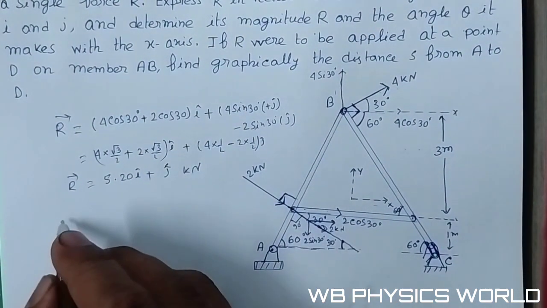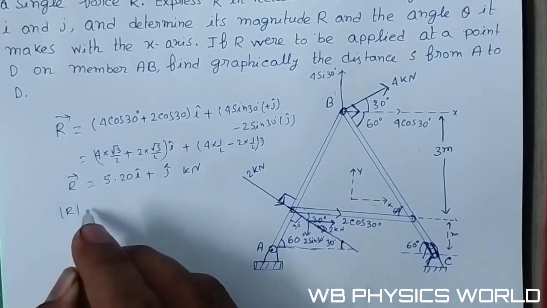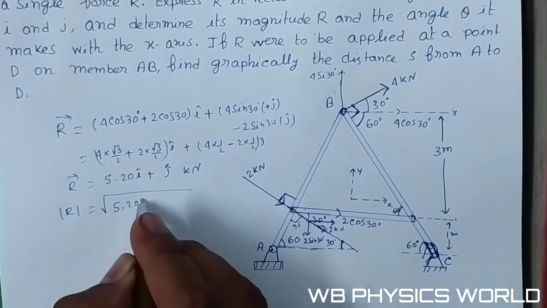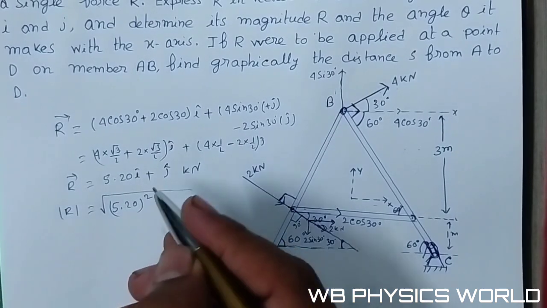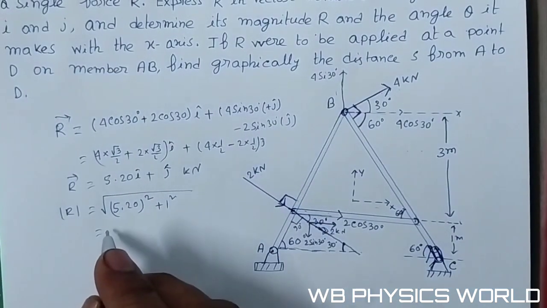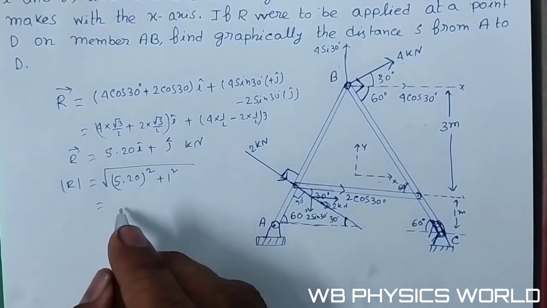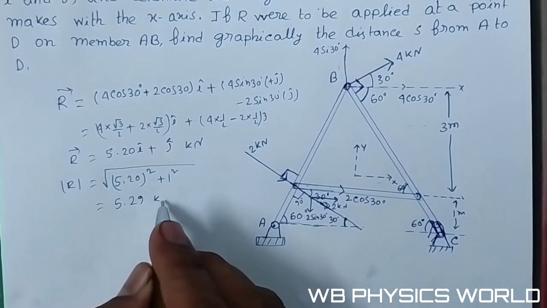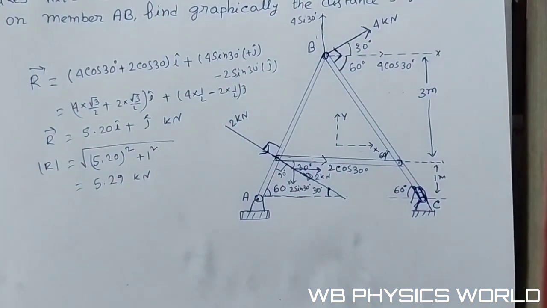and the magnitude R is root over 5.20 squared plus 1 squared, and this is 5.29 kilonewton.